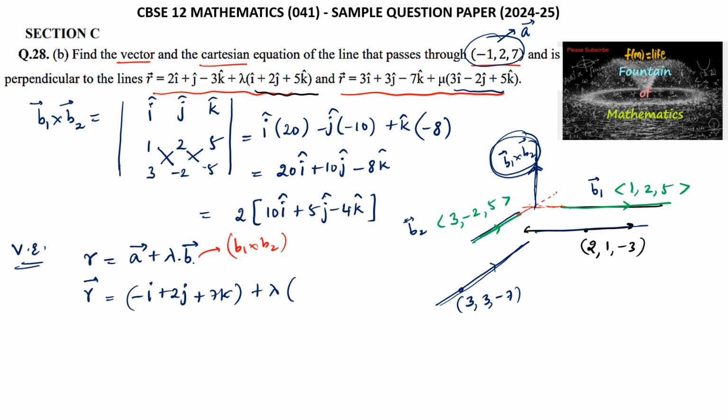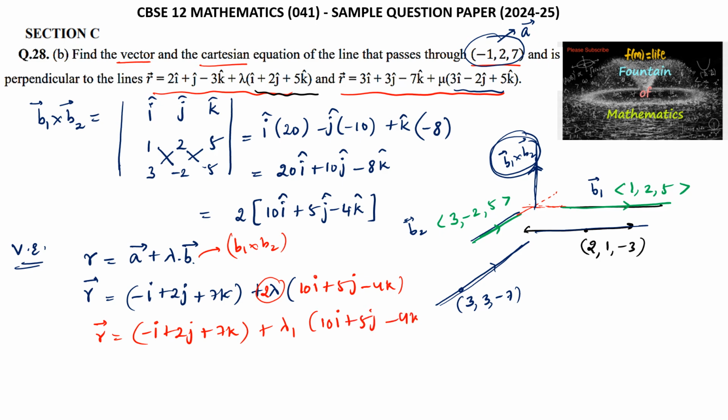So here I can write 2 lambda of 10i plus 5j minus 4k, or this can also be written −i plus 2j plus 7k plus, we may consider this as lambda 1 times of 10i plus 5j minus 4k.